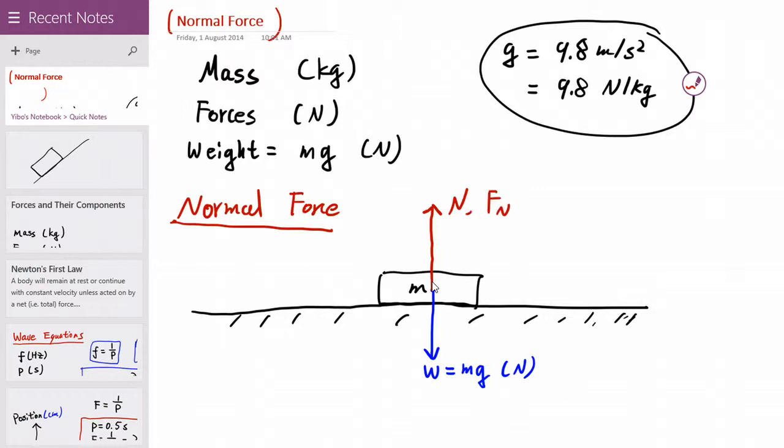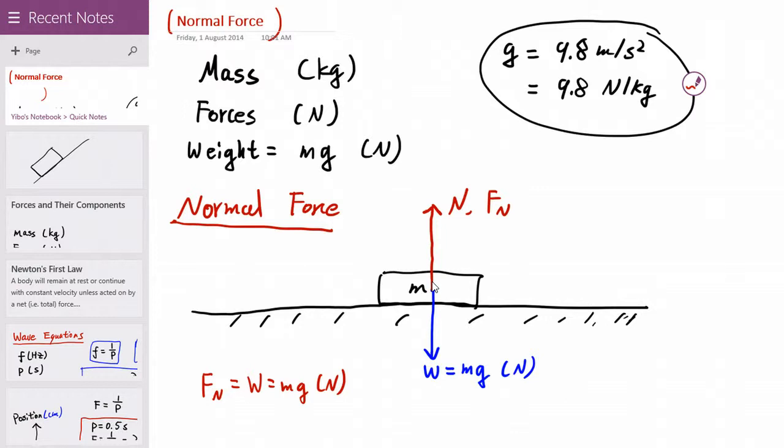So in this scenario, because the block is unmoved, at rest, the normal force is the same as the weight force, which is mg, because it is unmoved vertically.